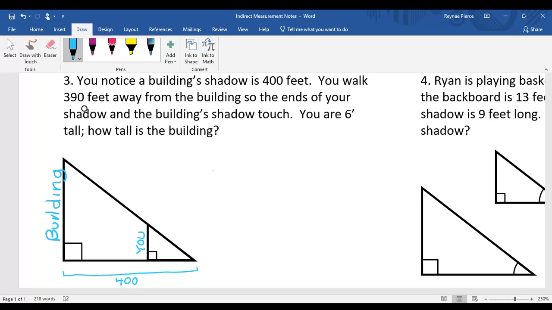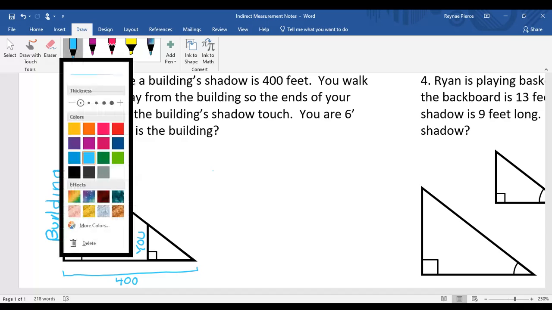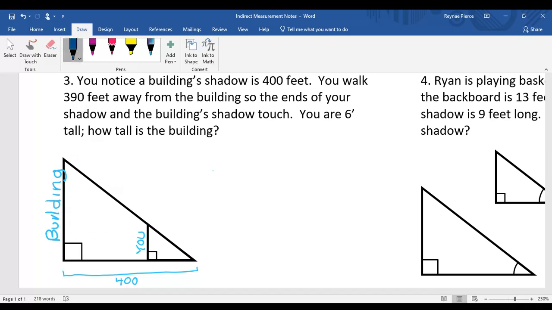All right. You walk 390 feet away from the building so that the ends of your shadow meet. And what that does here, that means that this angle is a part of both triangles, so that's our angle-angle similarity there.